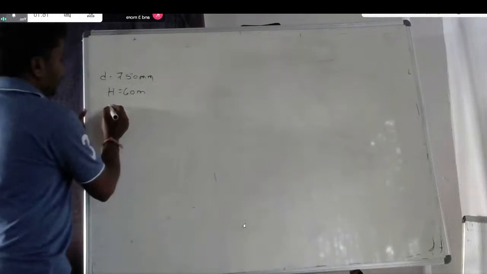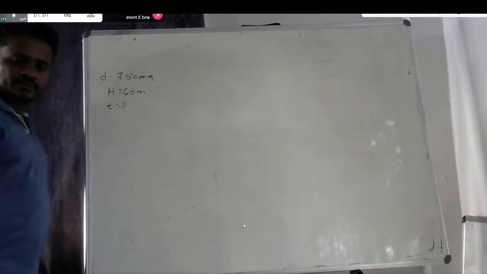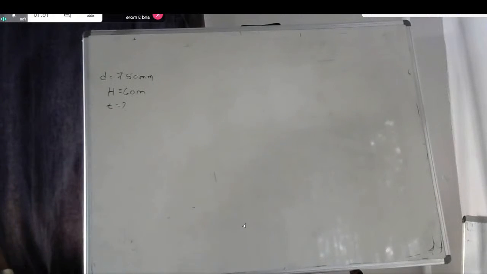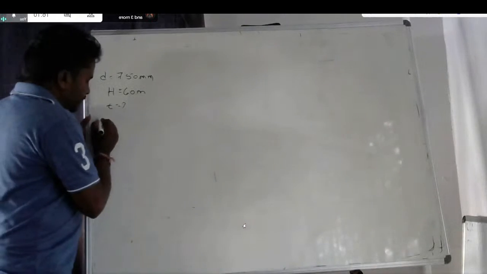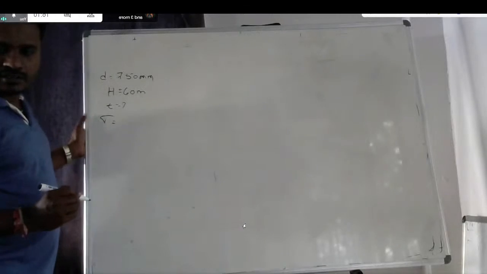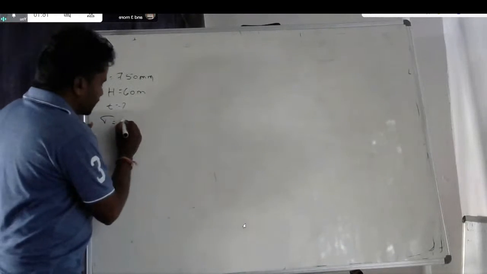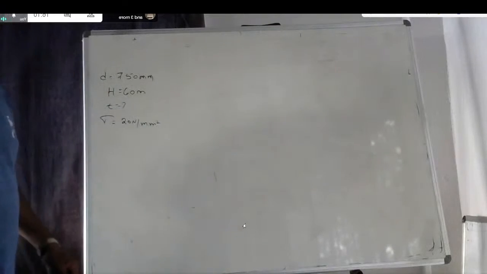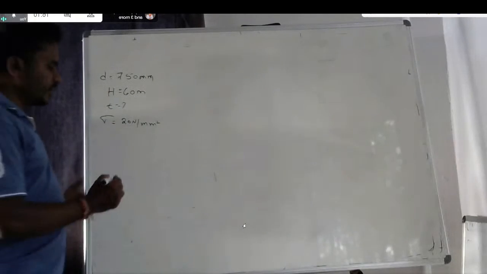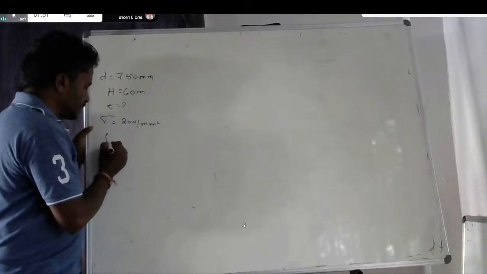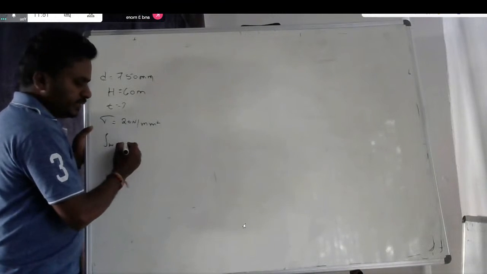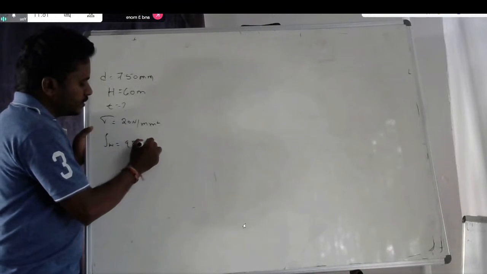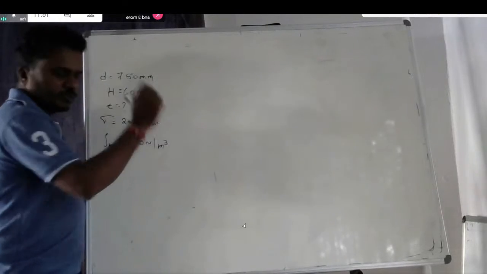The permissible stress is sigma equal to 20 Newton per mm square, and they also gave the unit weight of water, that is weight density, 9810 Newton per meter cube.